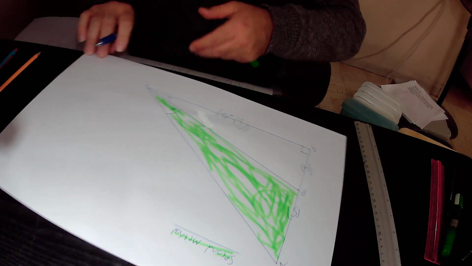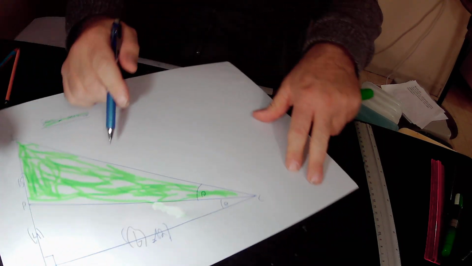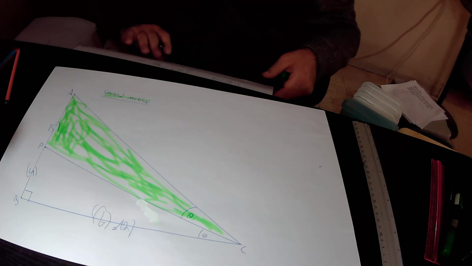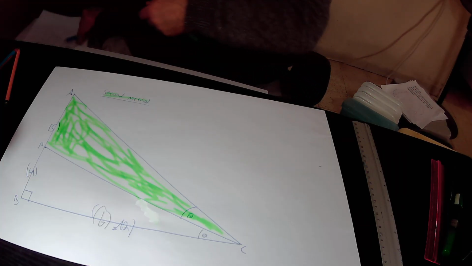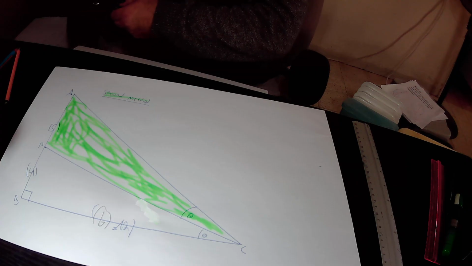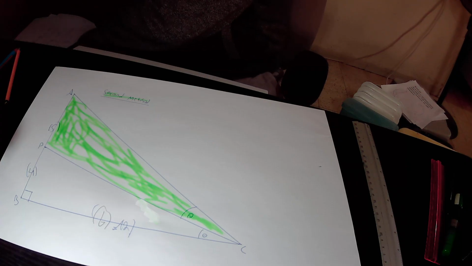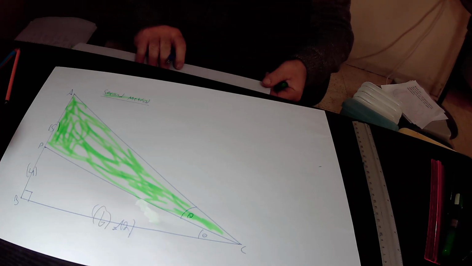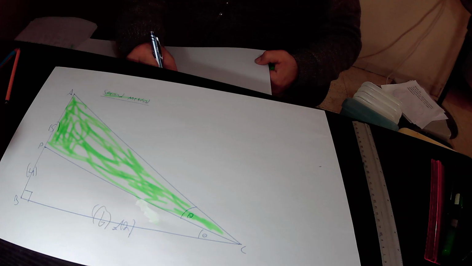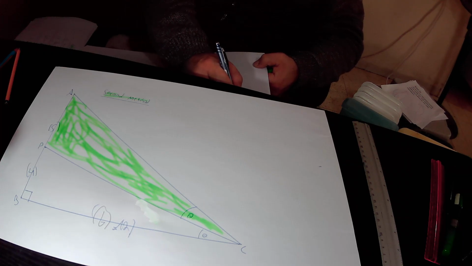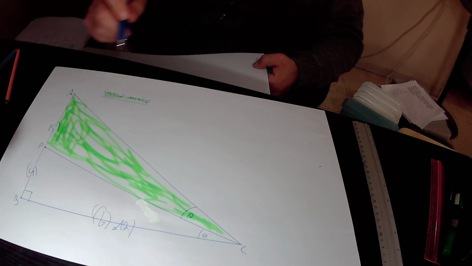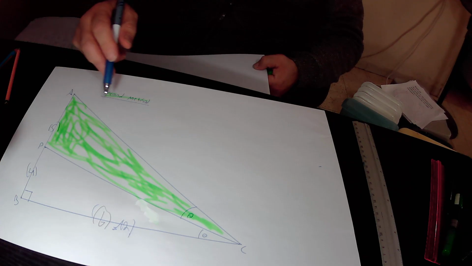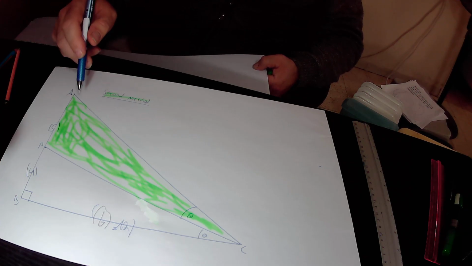Our task is to find out the area of this green shape. So what is the area of this green shape? The green shape is essentially the green triangle APC.